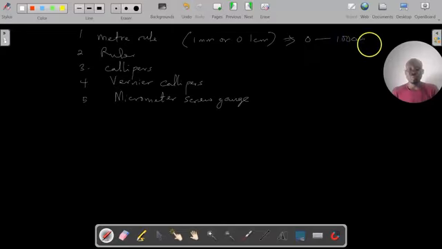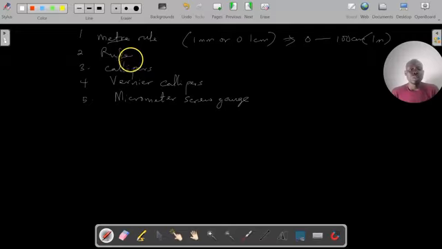If you convert this 100 centimeter to meter, that's simply 1 meter. And that's why it is called meter rule. So the highest number of decimal places we can measure is either 1 millimeter or 0.1 centimeter.